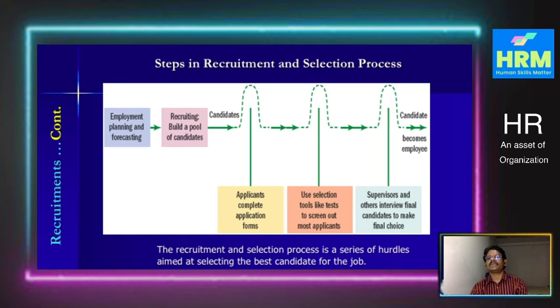So you can see that recruitment covers the first levels, and selection starts after the applications are submitted, using the selection tools. Up to receiving the pool of applications is recruitment, and then the selection starts.